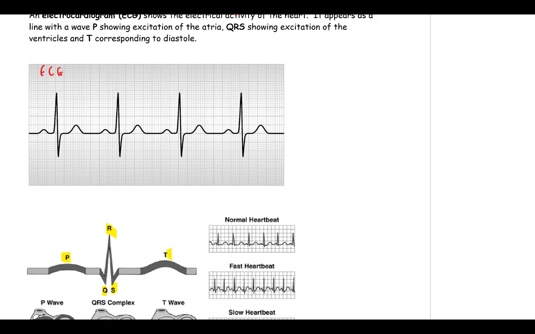The P represents excitation of the atria, QRS is excitation of the ventricles, and this T is relating to diastole. So in this diagram, we've got P, Q, R, S, T. And one heartbeat is basically from there to there.